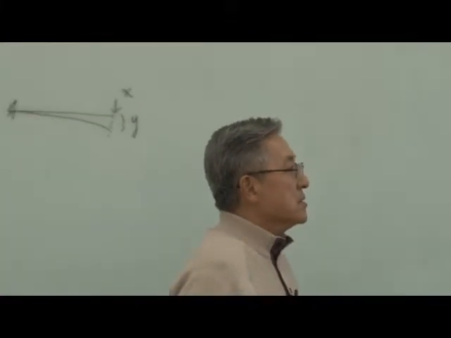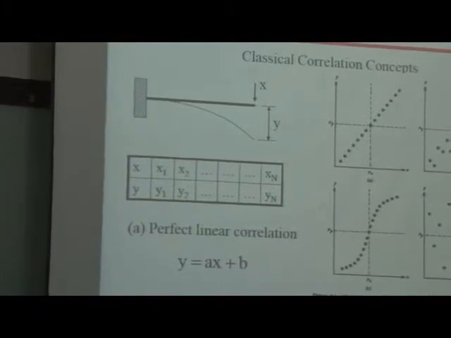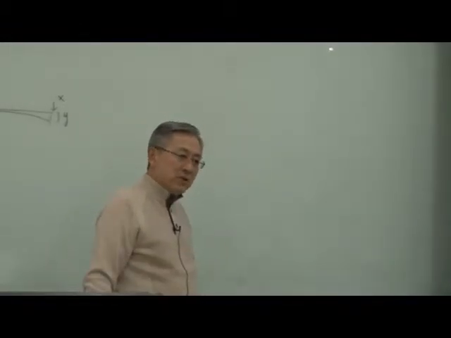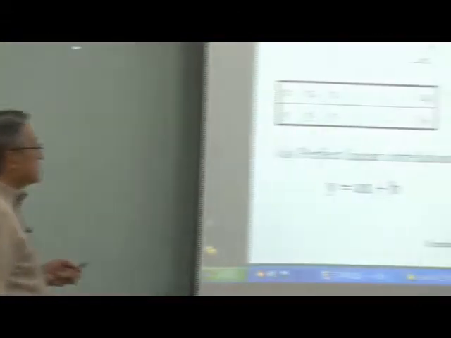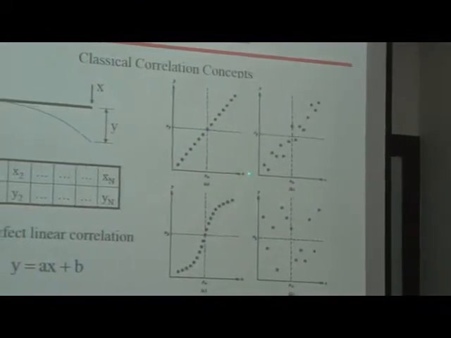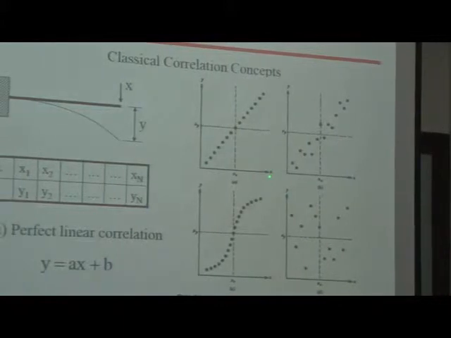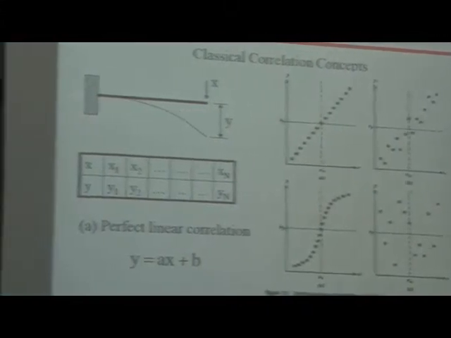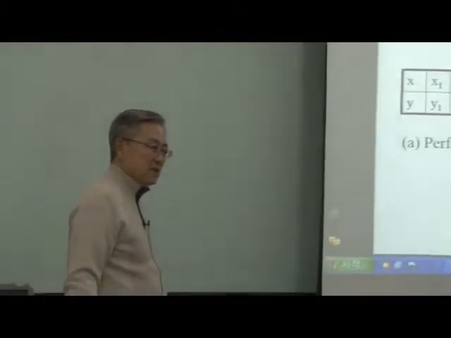So for the linear elastic approach, the relation between X and Y is pretty linear. But after it passes the yield, there will be a permanent deformation. Then the permanent set starts to form. That's nonlinear. So a perfect linear correlation is like this. This is a measurement point. So in this case, the classical correlation between X and Y is perfectly linear.